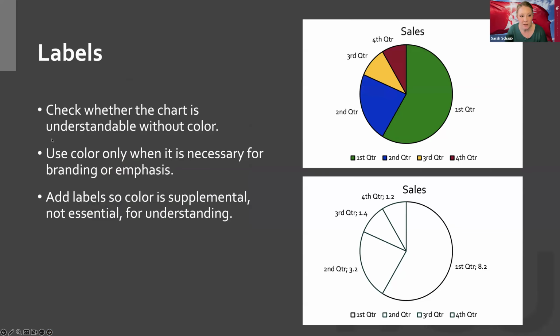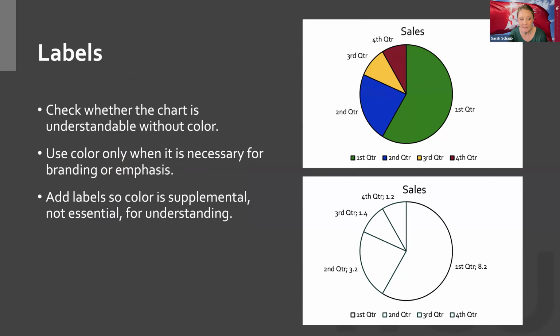You want to make sure you check whether the chart is understandable without color. So I have an example of the chart. I've used it a couple times. Sales chart that has first, second, third, and fourth quarter broken up just by color. There's no additional information other than color, and then text that it's a quarter.